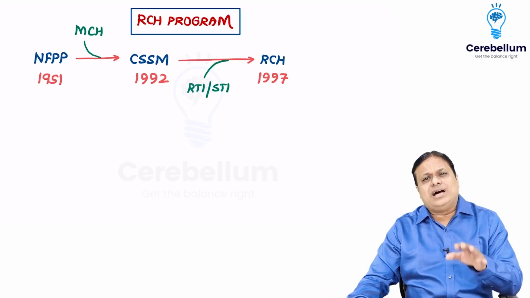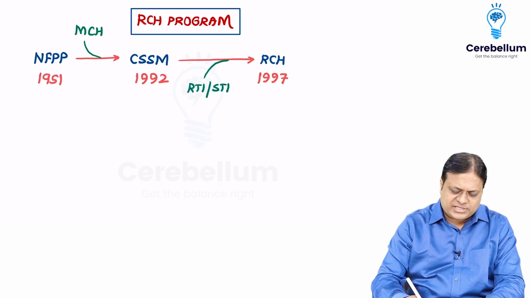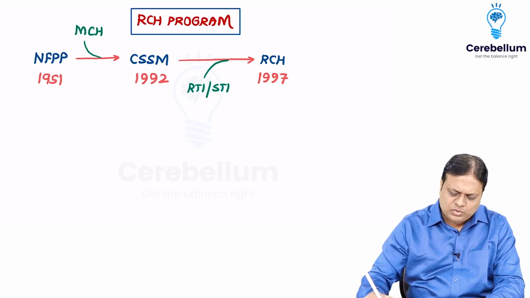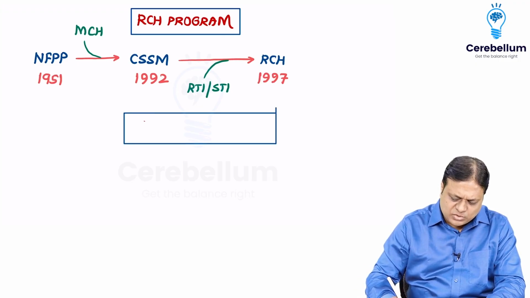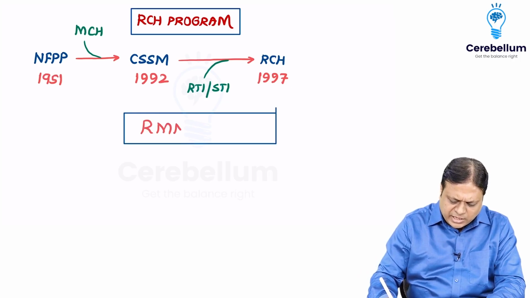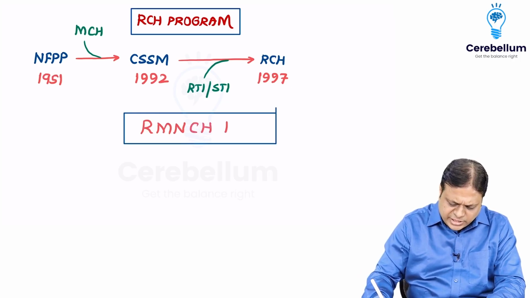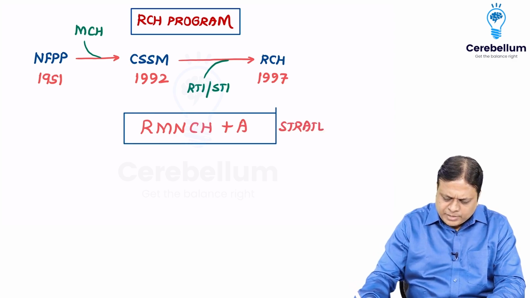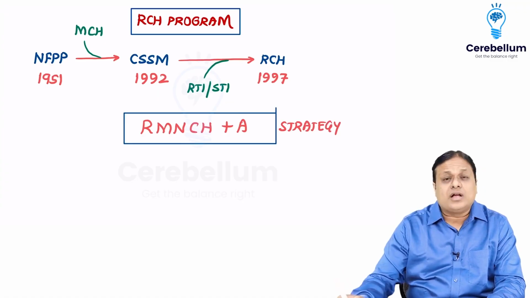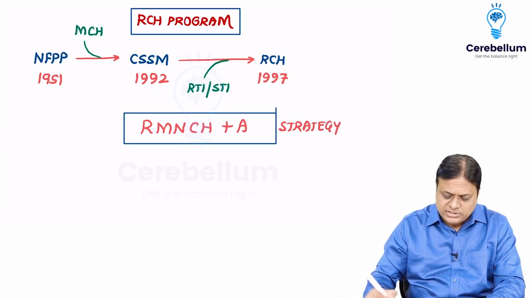Now, when we look at the RCH program, what is the strategy being used in the Indian program for RCH? That strategy is known as the RMNCH plus A strategy. This is actually a combination of different components in the program.